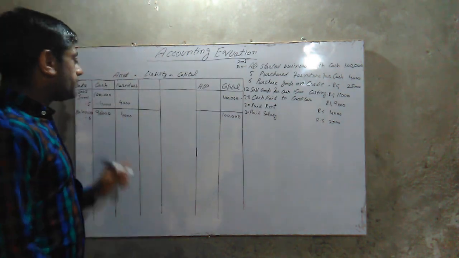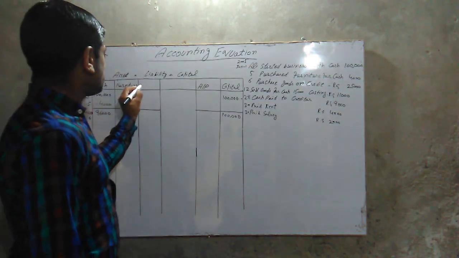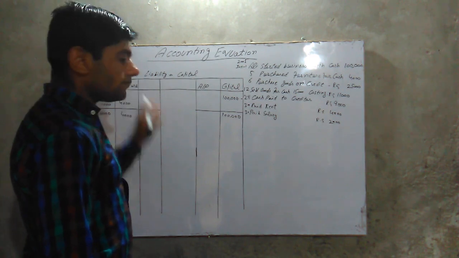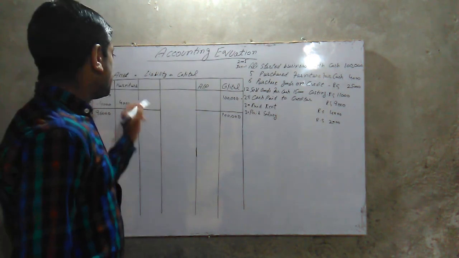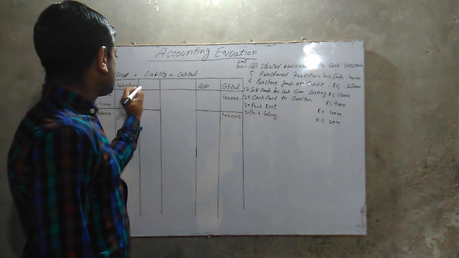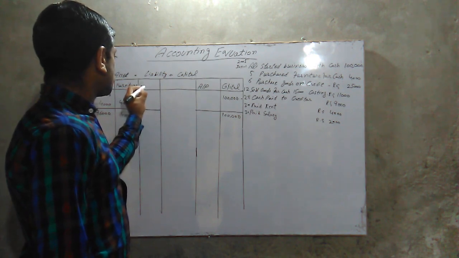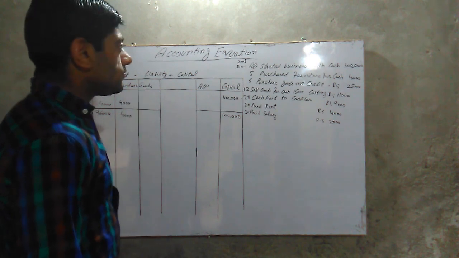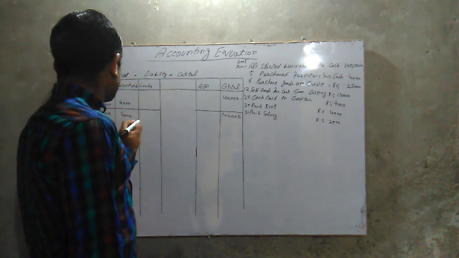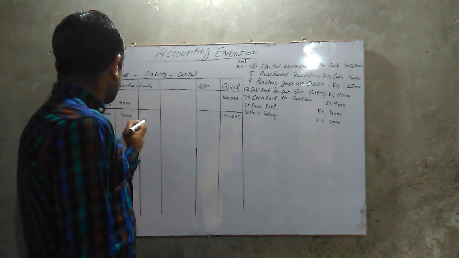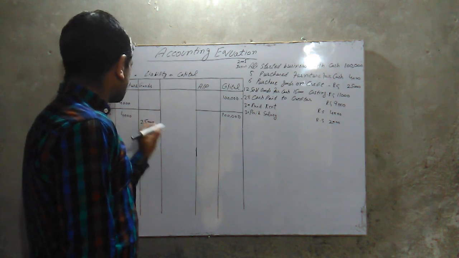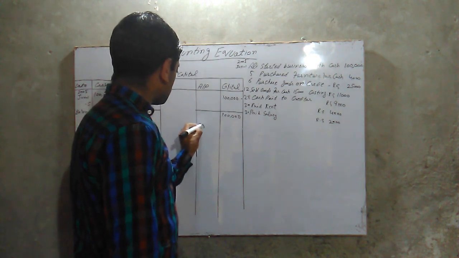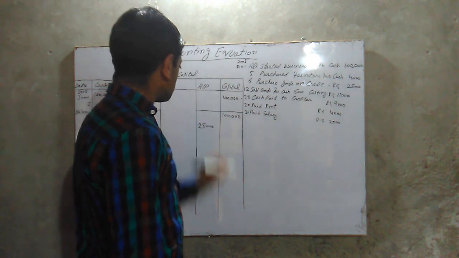So now we make the transaction: purchase of merchandise, goods, purchases, anyone you can mention here, 25,000, and the other one, liability, is increased, so it is recorded here.